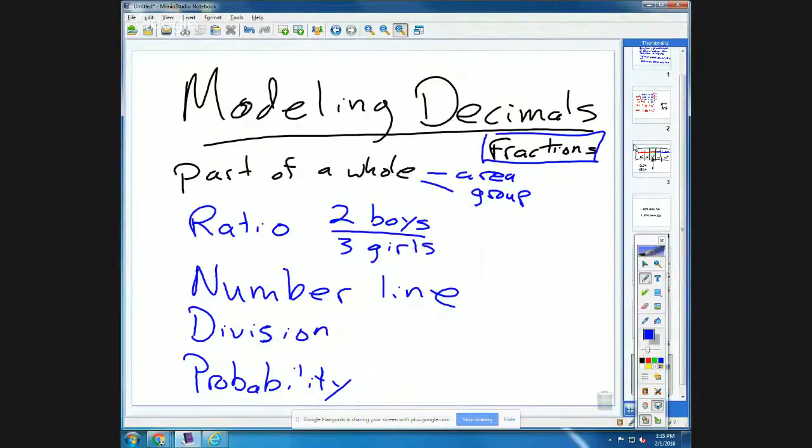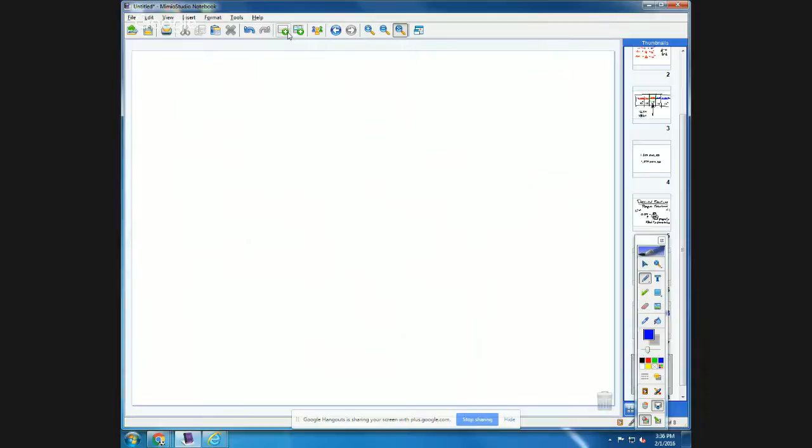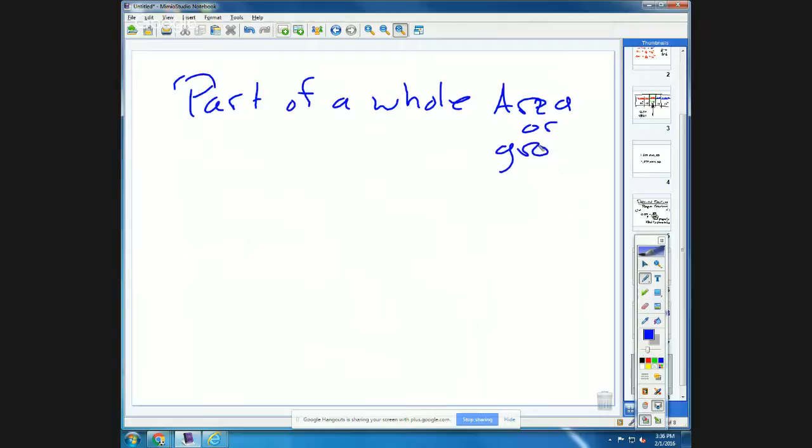So we're going to look at part of a whole area of a group for decimal fractions. And so I brought some graph paper that we'll play around with, and that's nice to use here. So let's get my graph paper out.